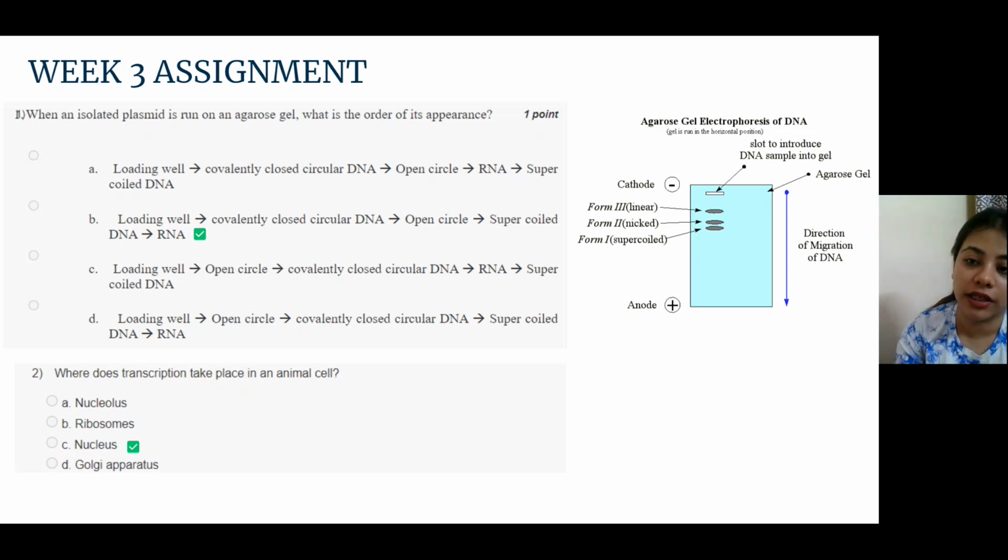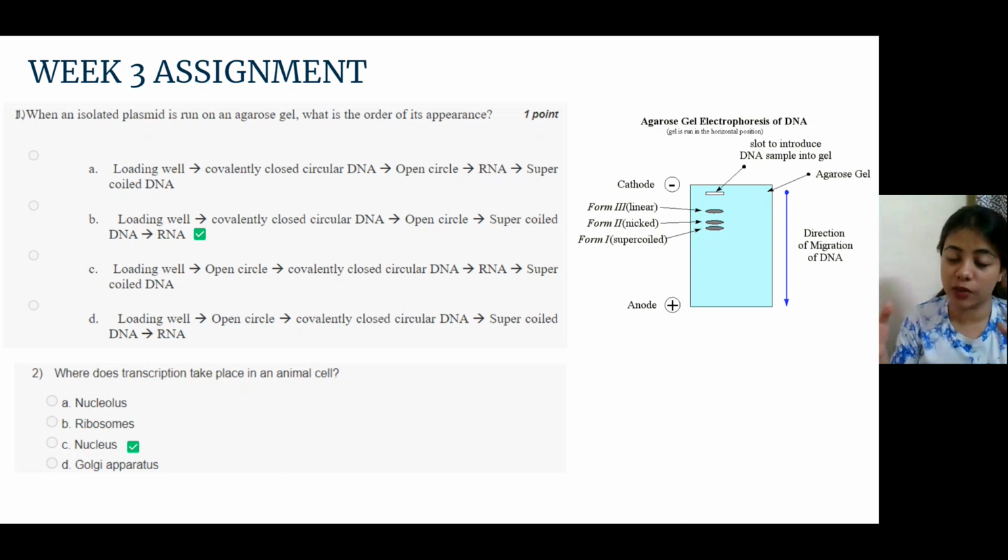So here you can see it in the diagram. It has the answer already given. I'm just trying to revise the basic concept behind it. When you initially load a sample, loading is adding the sample to the agarose gel. Then upon adding the sample, we apply an electric current across the gel.